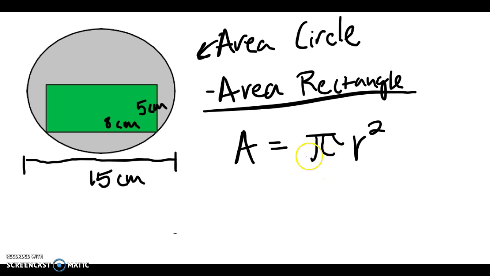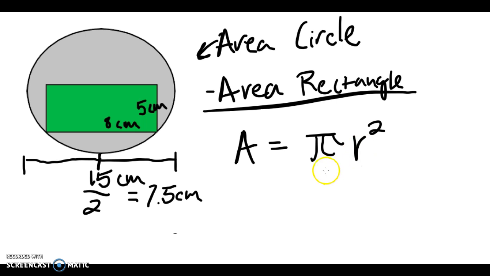So you have area equals pi r squared. Now they didn't give you the radius, but they did give you the diameter. So to get the radius, all we have to do is chop this in half, right? So 15 divided by 2 is 7.5 centimeters.